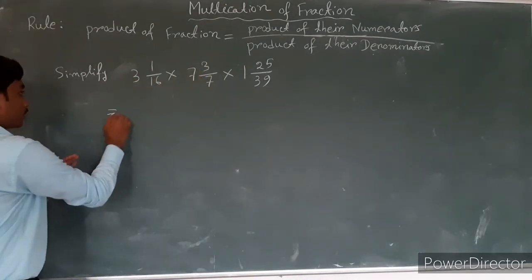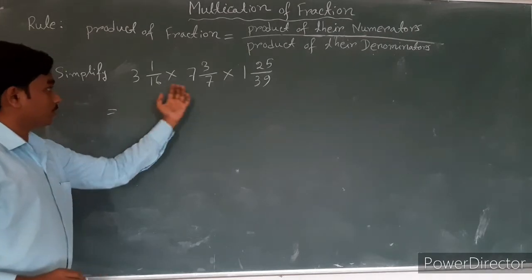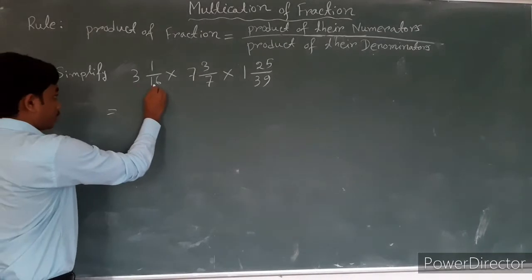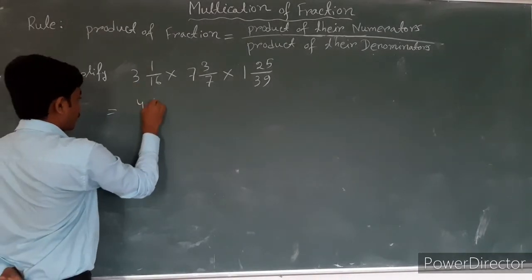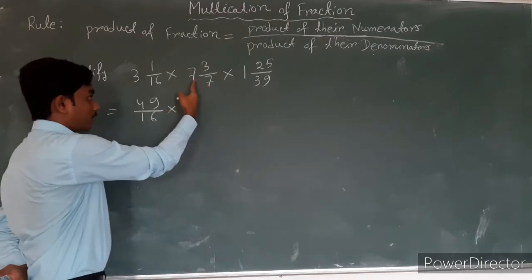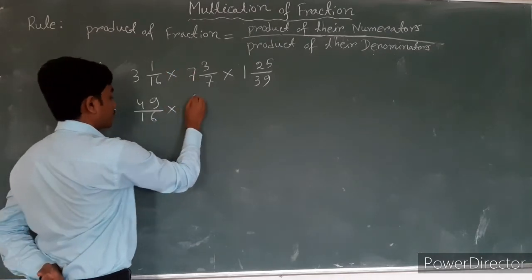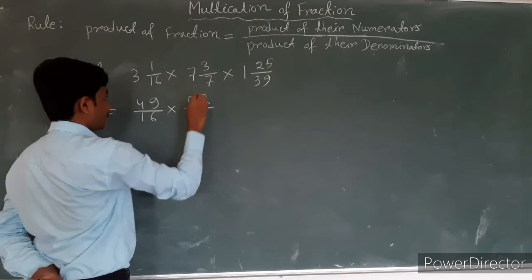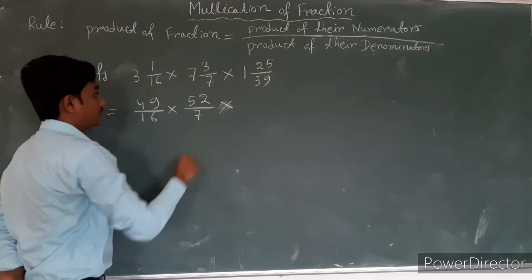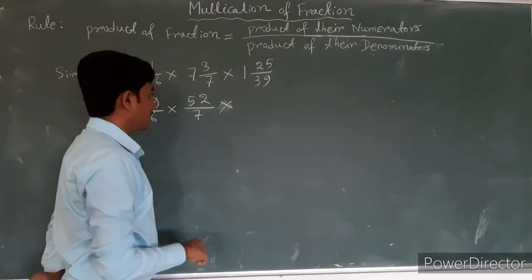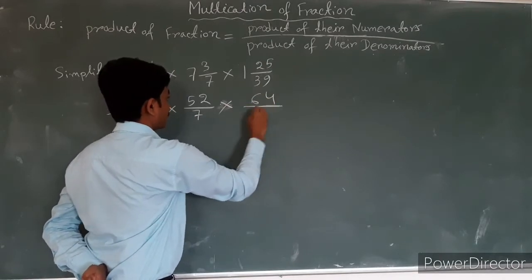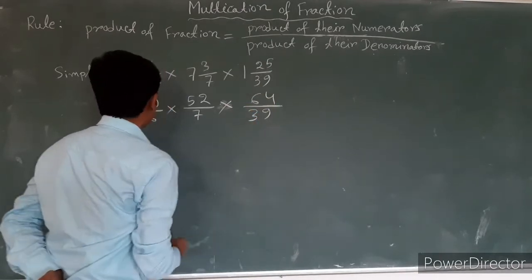So first we convert each of the given fractions into an improper fraction. 16 times 3 is 48 plus 1 is 49 by 16. 7 times 7 is 49 plus 3 is 52 by 7. 39 into 1 is 39 plus 25 is 64 upon 39.